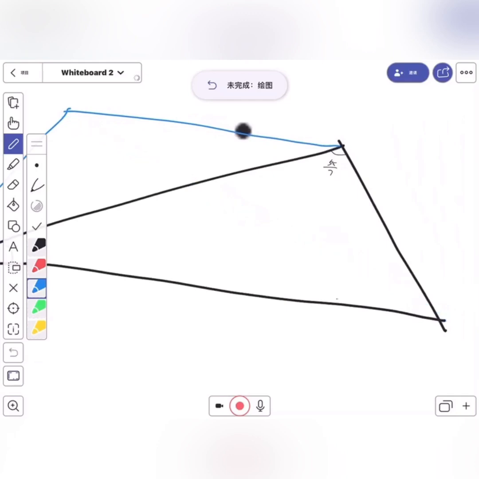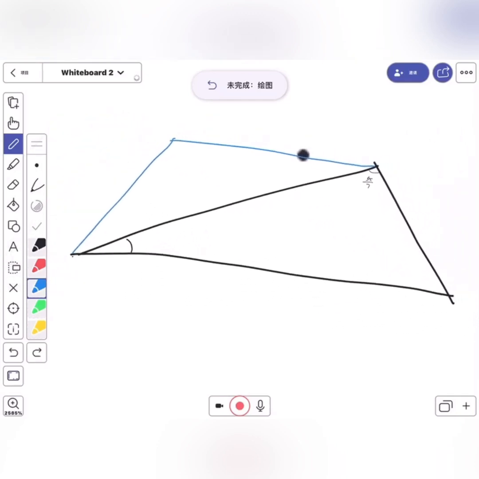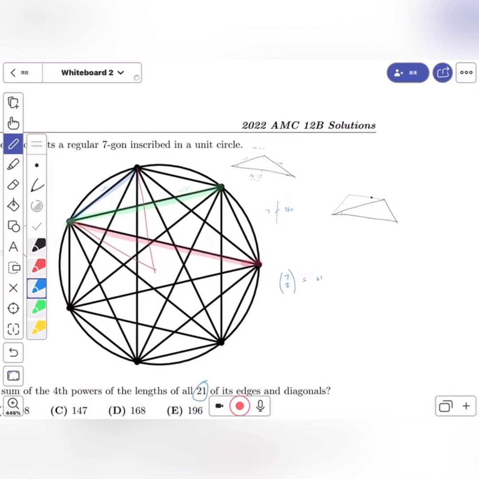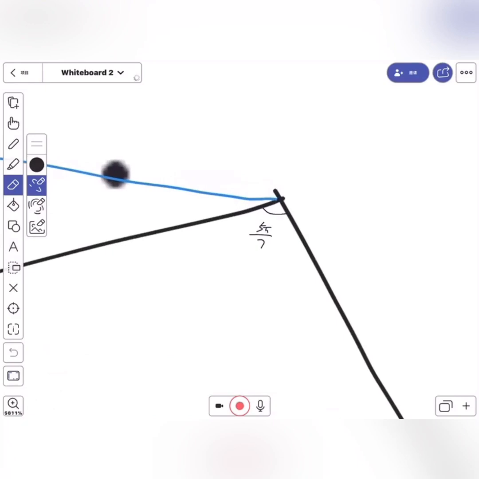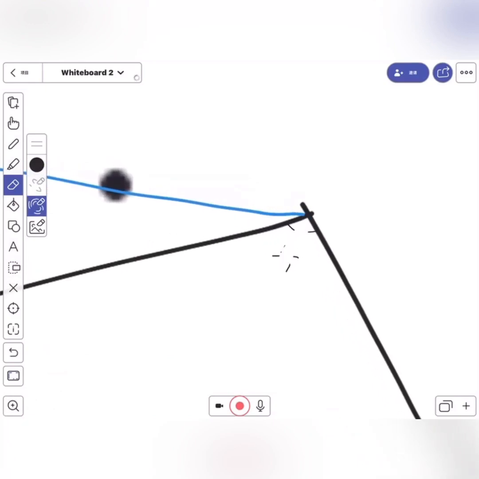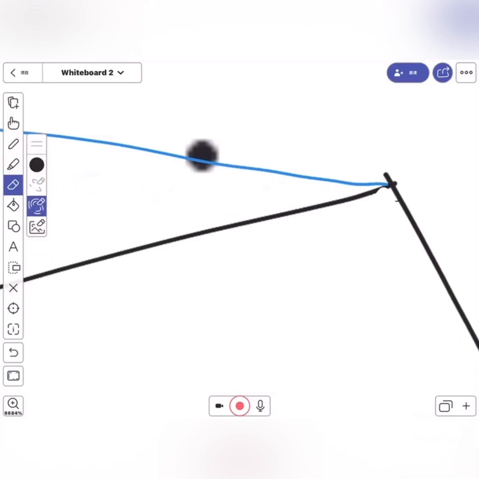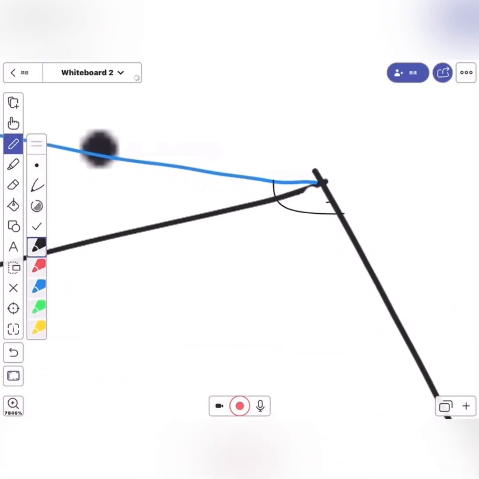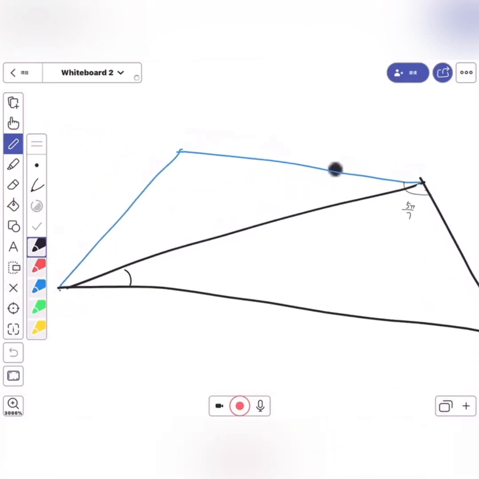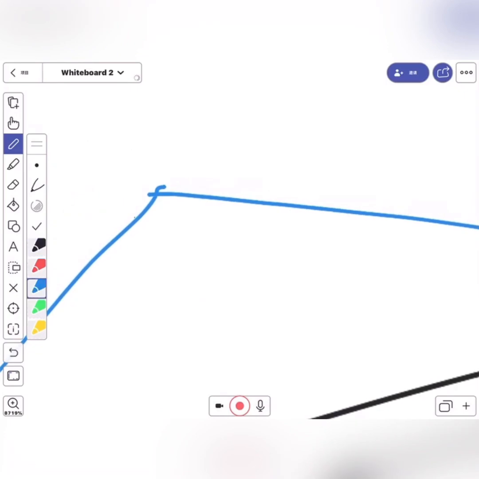Because it's a trapezoid, this angle is 5 pi over 7, corresponding to one of the interior angles, and because it's a trapezoid, this angle is also 5 pi over 7.